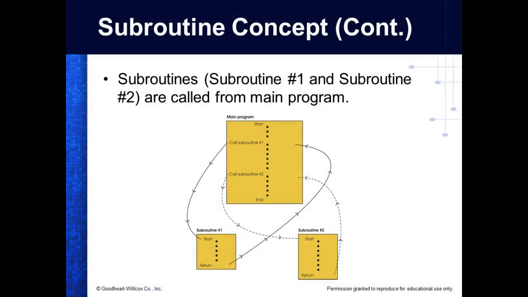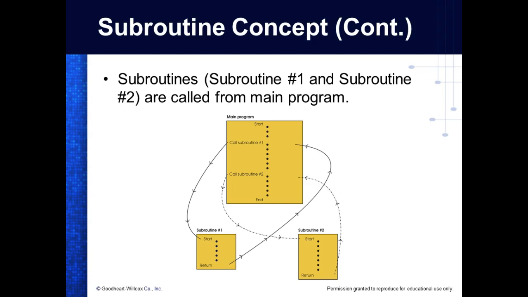So this would be a typical subroutine call. We're running down our main program, which calls a subroutine. What does it do? Well, it saves the return information. How does it know how to get back?